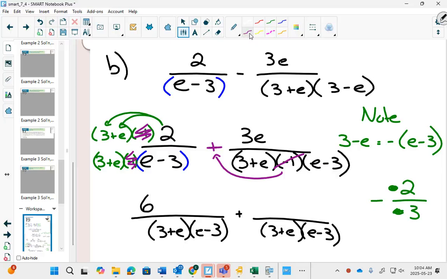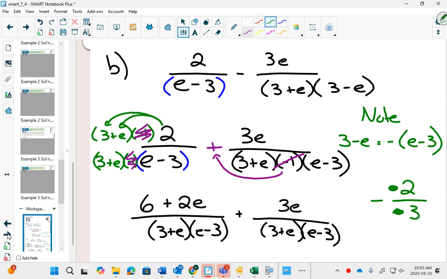You could. Does that make sense? That 3 plus e and e plus 3 are the same. I might change it next time because something about writing 3 plus e makes me feel funny, because we usually write variables first, then numbers after. But, okay, I'll be all right. Thanks for your support. So 6 plus 2e there. And I had nothing that I had to do in this one, so this is just a 3e.